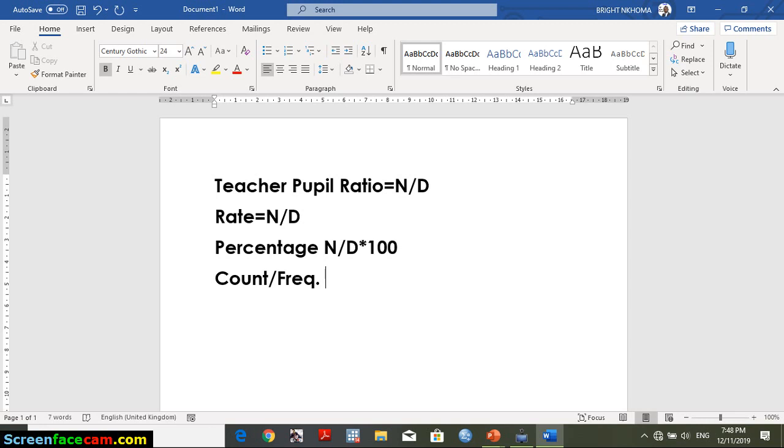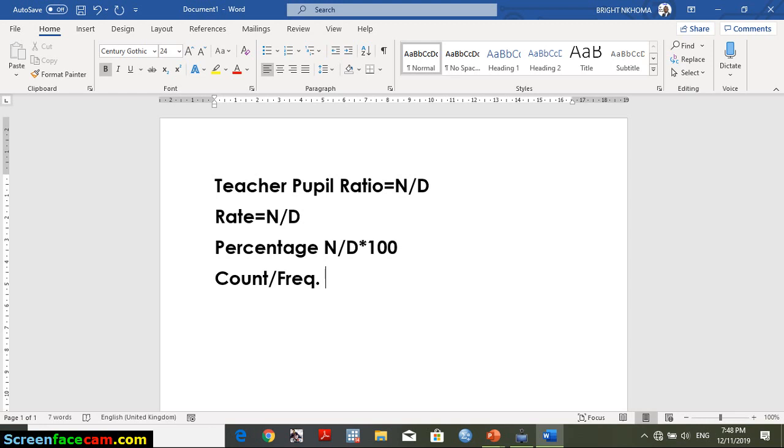Number of deaths? Precisely. The numerator will be the total number of deaths, divided by the total number of live births in a population.